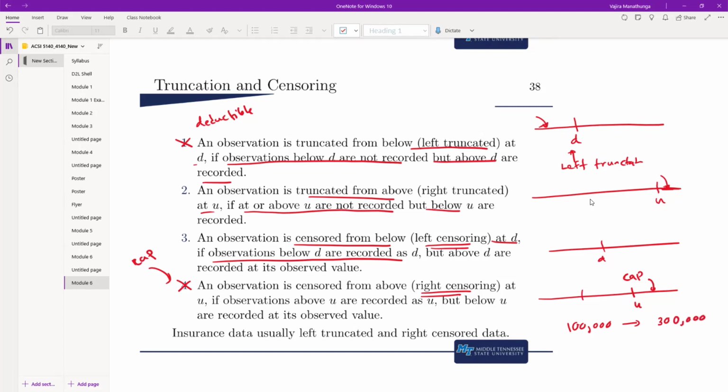Then the insurance company still pays only 100,000. If there's a deductible, they have to use the deductible too. But if there's no deductible, then the maximum payment will be 100,000, not 300,000. So this is the actual loss, and this is the cap, the maximum loss payment. So you will see right censoring and left truncated in many insurance applications.